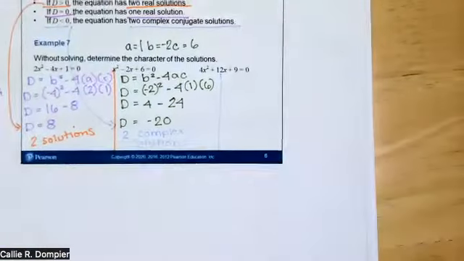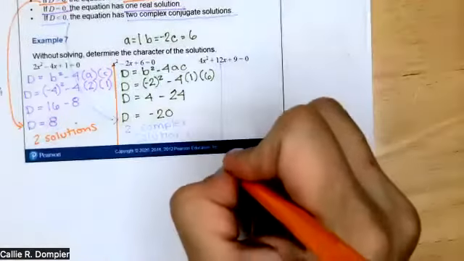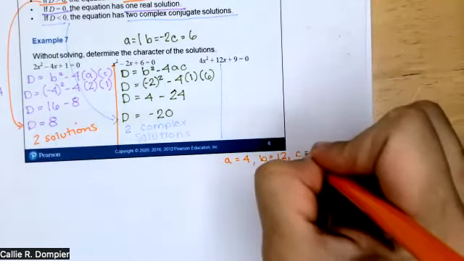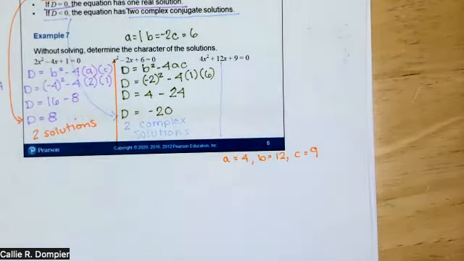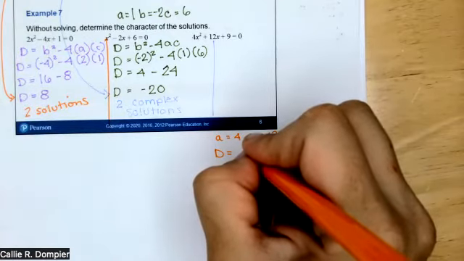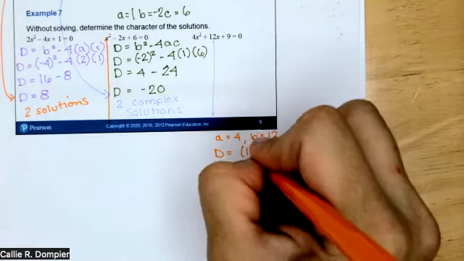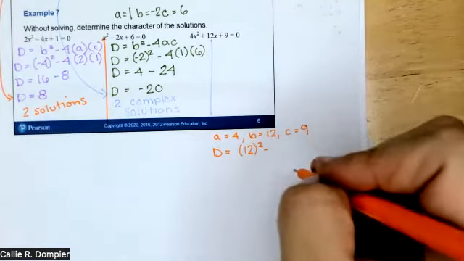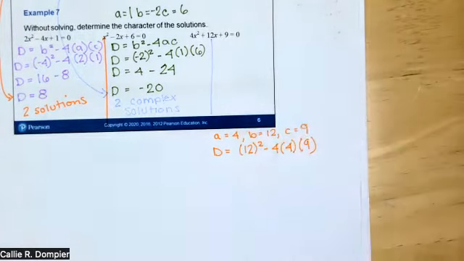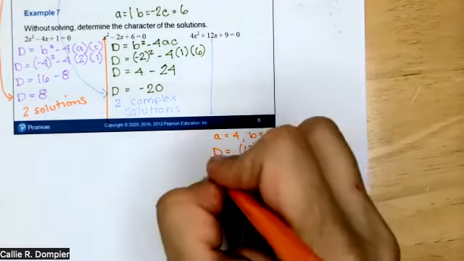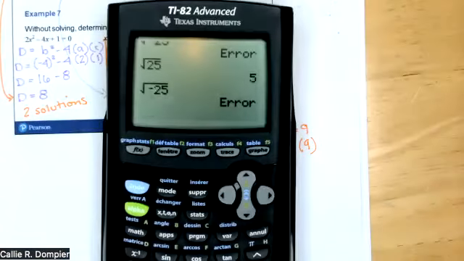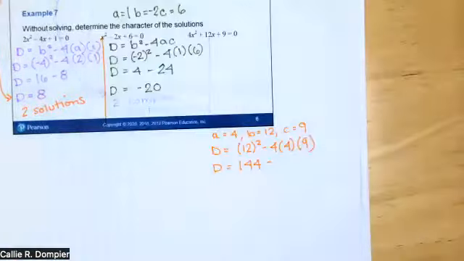Our last one, I'll just put it down here. a is 4, b is 12, c is 9. So our discriminant is 12 squared minus 4 times 4 times 9. 12 squared is 144. 4 times 4 times 9, 144 also.